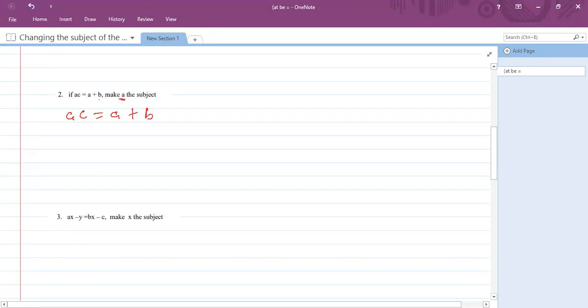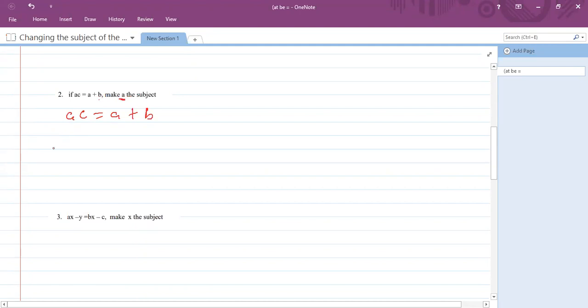Now, before you find a common factor, what will I do? Remember that I need to group all the A at one side first, right?